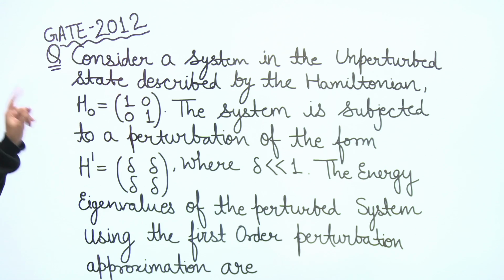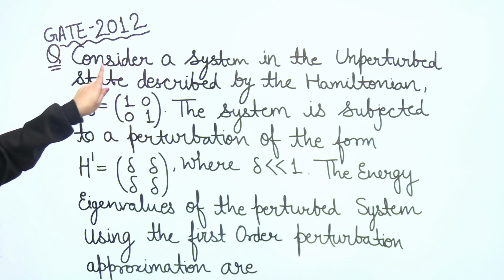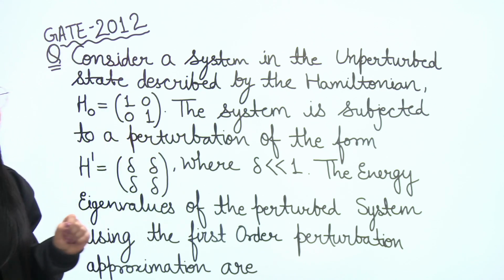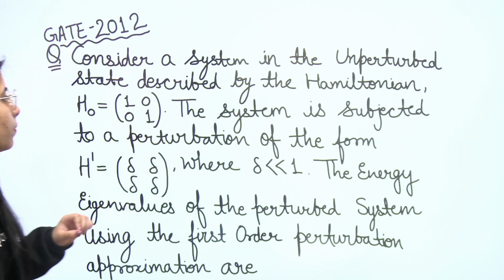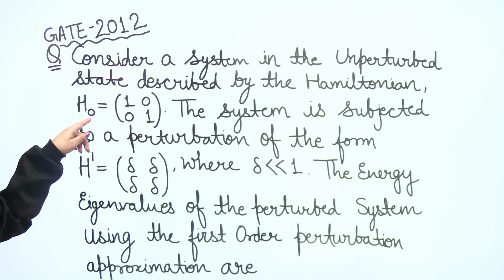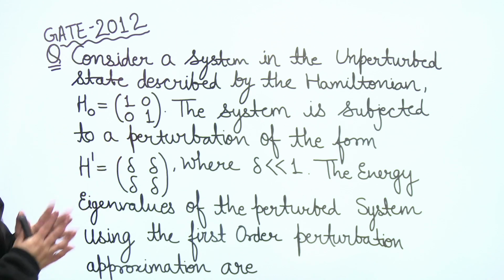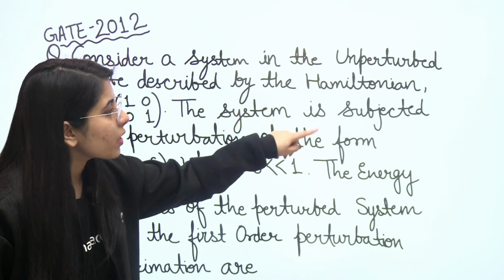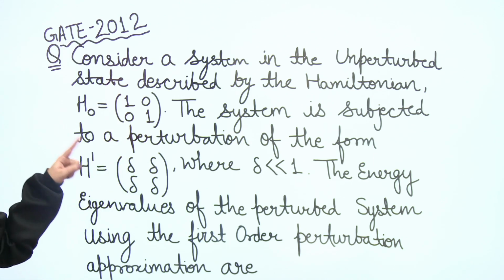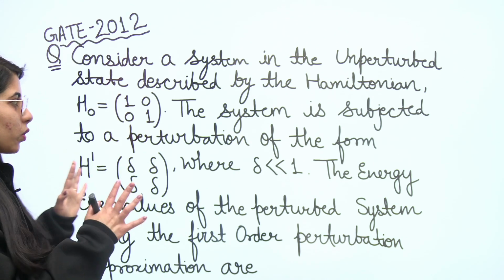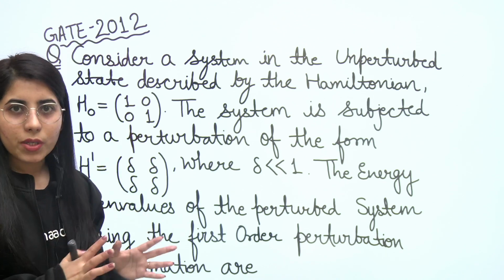So the first question, from the GATE 2012 exam, is: consider a system in the unperturbed state described by the Hamiltonian H naught, which is equal to 1001, given in matrix form. The system is subjected to a perturbation of the form given in the question. So till now we have two different matrices given to us.